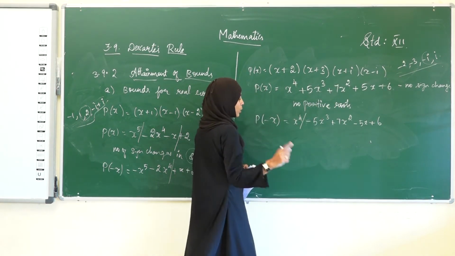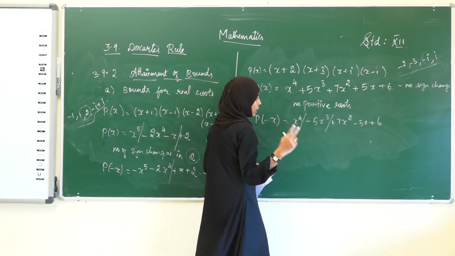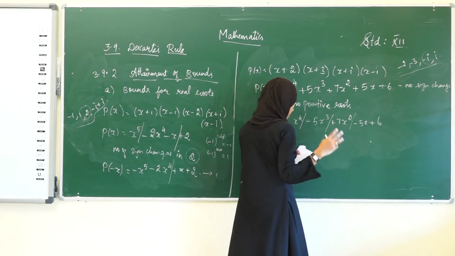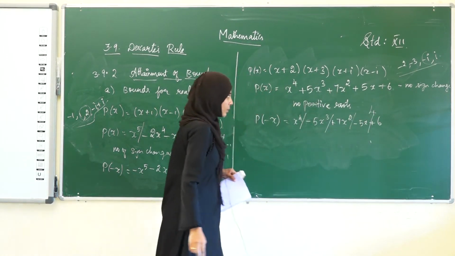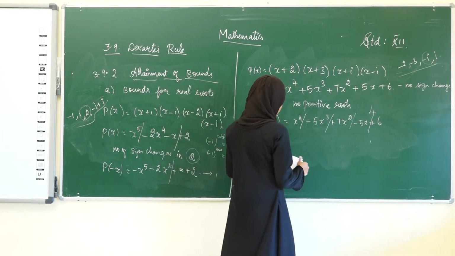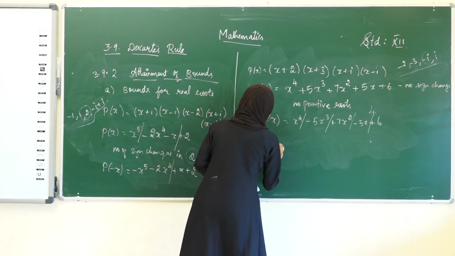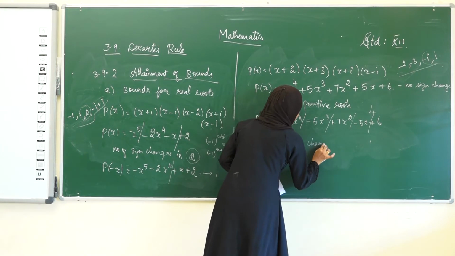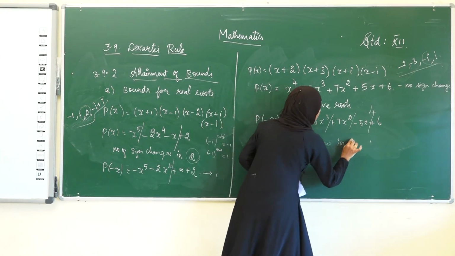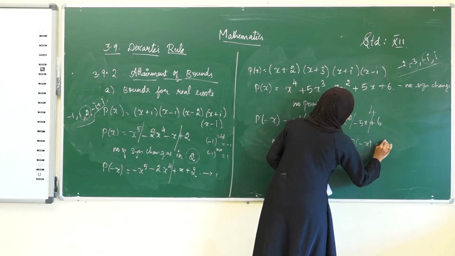Here it is 1 and here it is 2. Here it is 3 and here it is 4. So, therefore, the number of sign changes in p of minus x is 4.